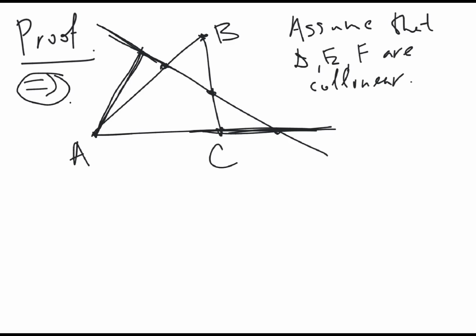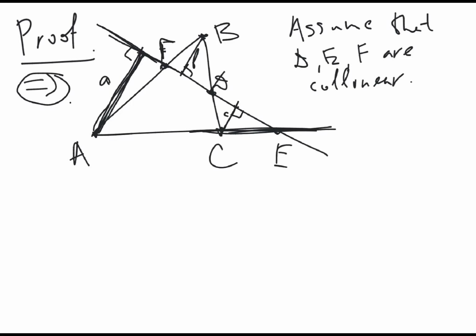So we draw a perpendicular from each vertex of the triangle, and let's denote the lengths of these perpendiculars as A, B, and C. This is point D, this is E, and this is F.